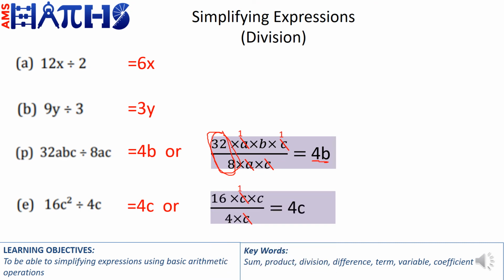I've written it as a fraction: I have expanded 16c squared to write out 16 times c times c, and on the denominator 4 times c. The 16 divided by 4 will give us 4. C divided by c, where it's crossed out, gives us 1. Then we're left with a single c on top. So 16 divided by 4 is 4, times the c that's left, gives us 4c.